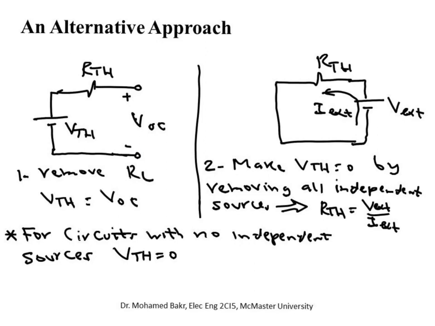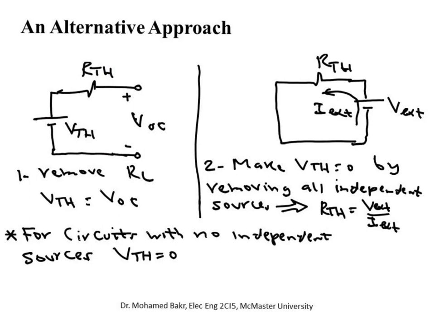It takes into account that this equivalent Thevenin voltage represents all the independent sources in your circuit. Remember that this is an equivalent circuit of another circuit which can be large. It can have independent current sources, independent voltage sources, and so on. So this source here represents all the sources that you have in your actual linear circuit.